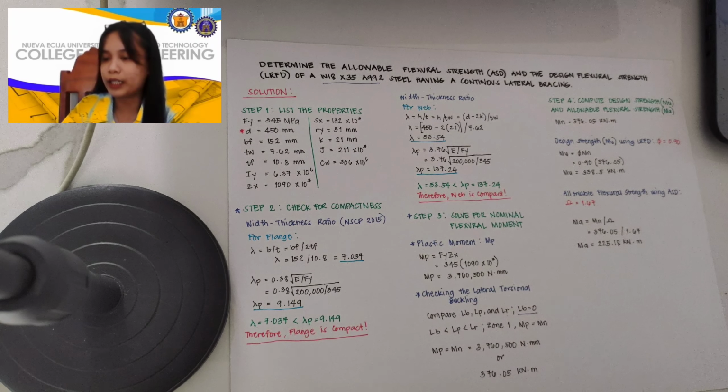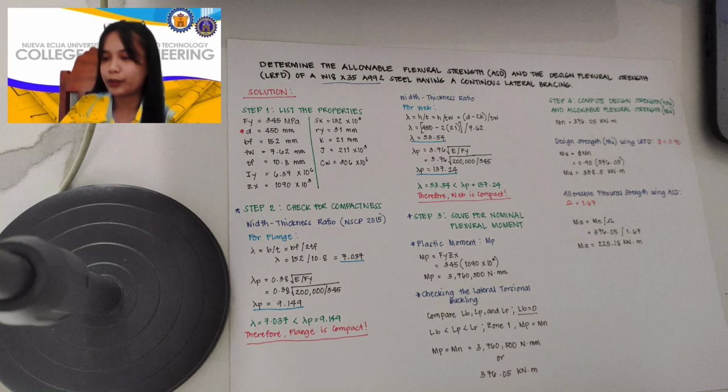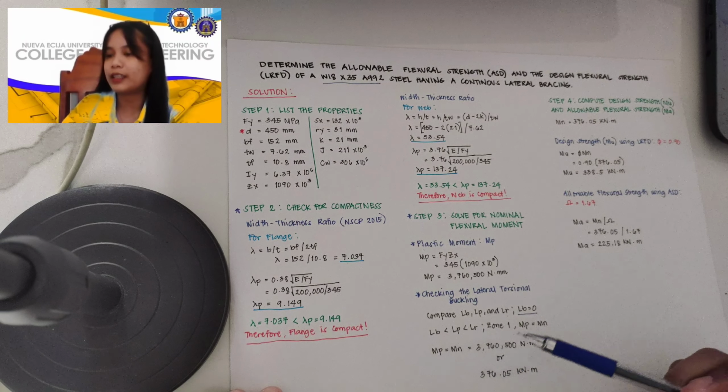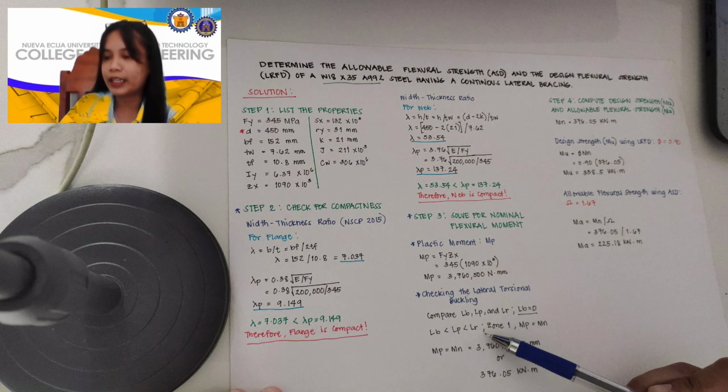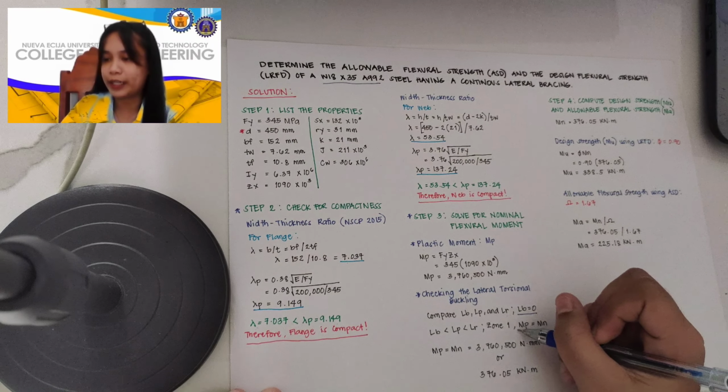Lateral torsional buckling, since ang value ng ating LB is equal to 0, automatic ang makukuha nating value ng LP is greater than 0. So therefore, LB is less than LP is less than LR, and then where MP is equal to MN.